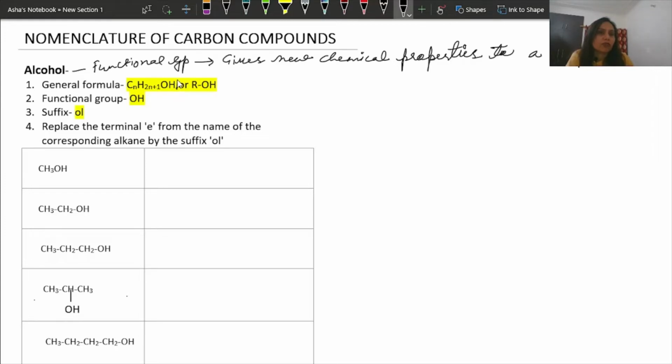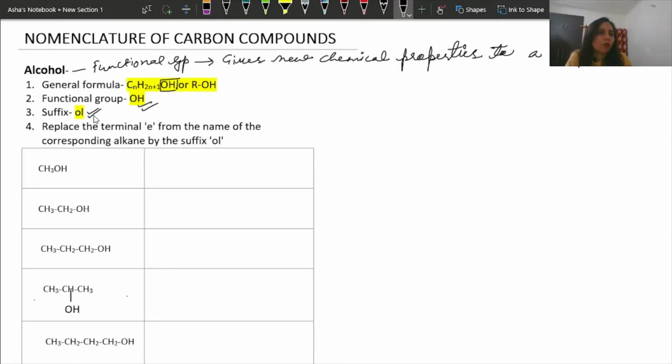Okay, now how we can say that alcohol is present? The identification of alcohol is the OH group. This is the functional group here. This is OH. This is its identification. And whenever we are naming an alcohol, we will be using a suffix, that is the last part of the name will be OL.